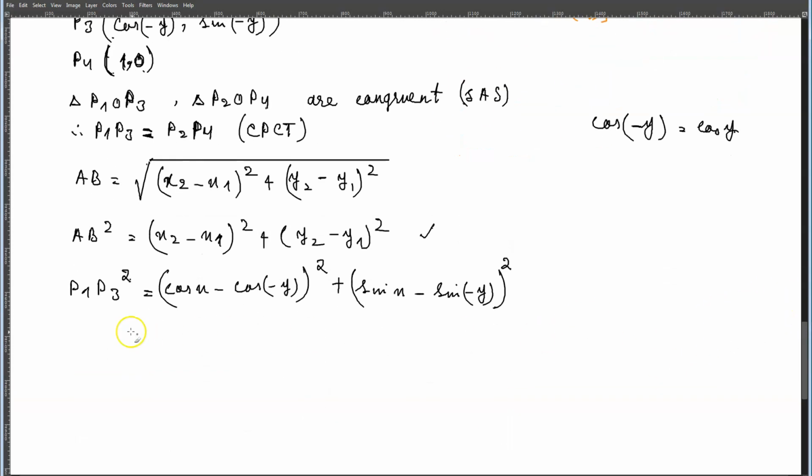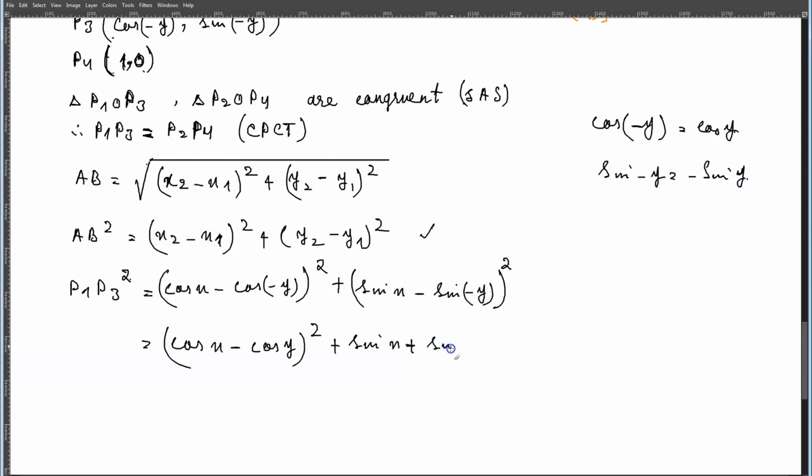And so I can write the cos of x minus cos of negative y simply as cos of y whole squared, plus sin x minus, now sin negative y is equal to negative sin y, and negative into negative would be positive, so you get plus sin y whole squared.